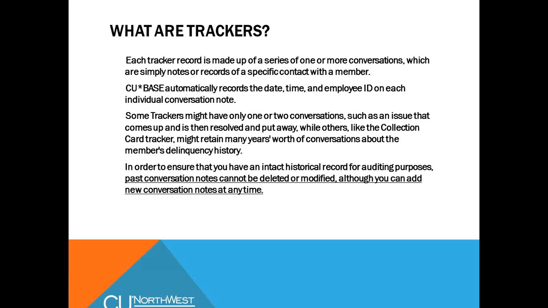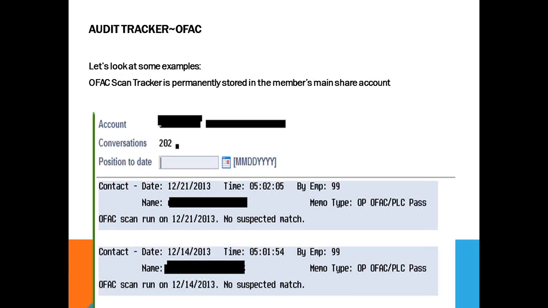Some of your trackers might only have one or two conversations, such as an issue that comes up and is then resolved and put away, while others, like our collection card tracker, might retain many years' worth of conversation about the member's delinquency history. In order to ensure that you have an intact historical record for auditing purposes, past conversation notes cannot be deleted or modified, although you can add new conversation notes at any time.